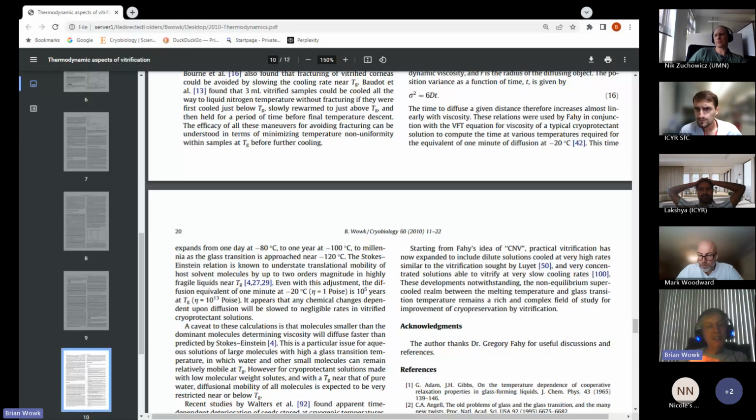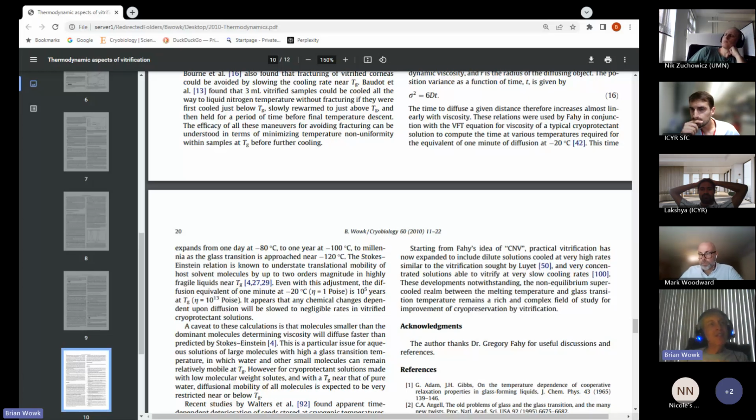So what Greg looked at was just the rate at which reactants can move together in a vitrification solution as a function of temperature. And what he found is that in M22, 1 day at minus 80 degrees is equivalent to 1 year at minus 100 degrees, and then equivalent to thousands of years at minus 120 degrees.